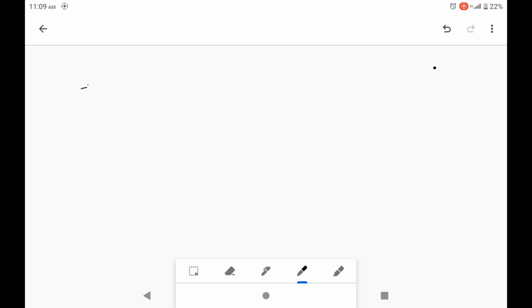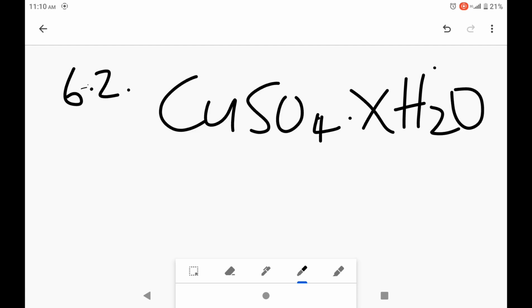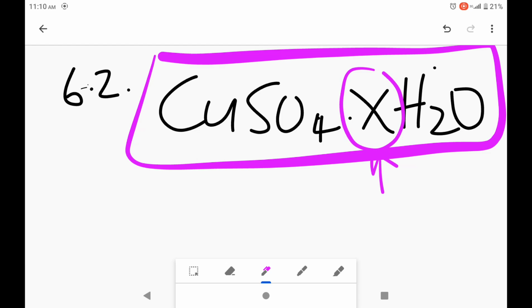The first thing you gotta do, okay, 6.2. We know that we have this salt, copper sulfate dot xH2O. We have to determine x in this compound, you know. So how do we determine x?